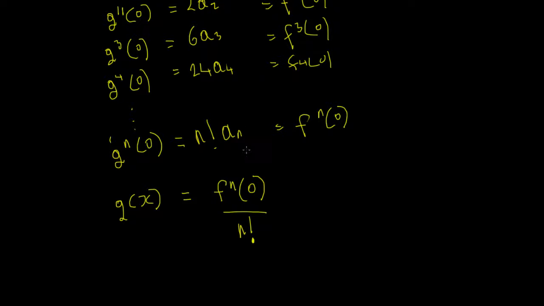That would give us our values for an. All we've done is taken the n factorial down. So that gives us our values for our an.